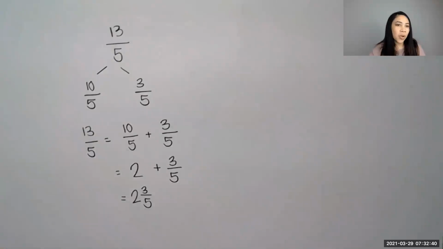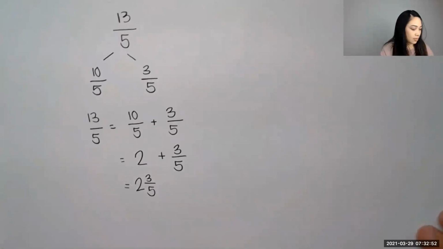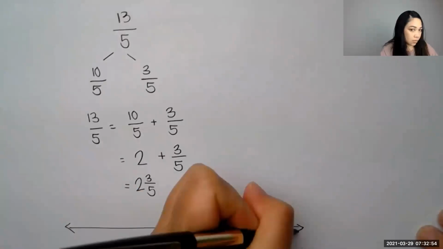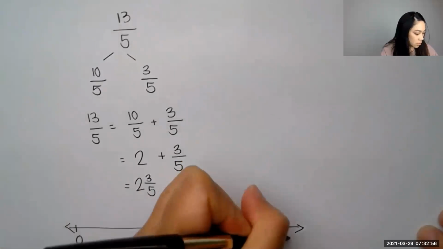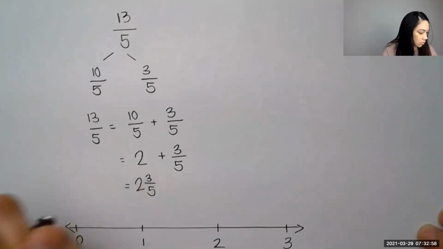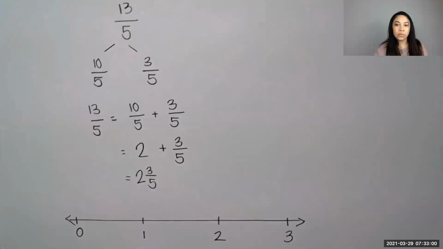Just like before, let's go ahead and use a number line to model this. I'd like you to go ahead and draw a number line with the endpoints 0 and 3. Let's decompose each whole number into fifths so that we can plot 13/5.